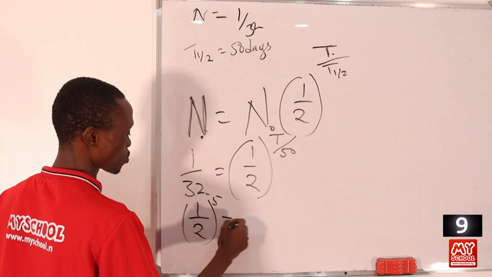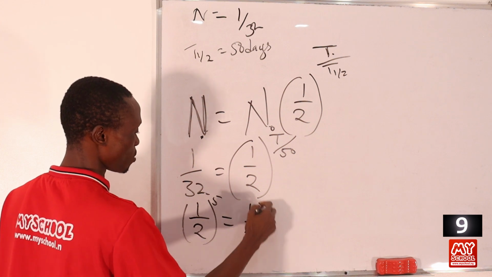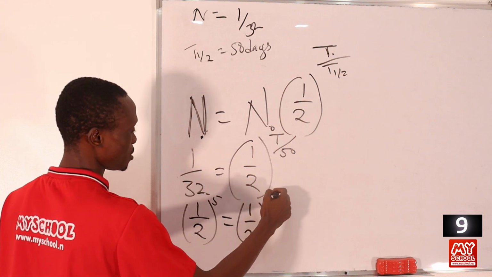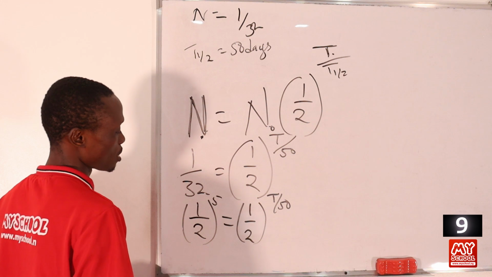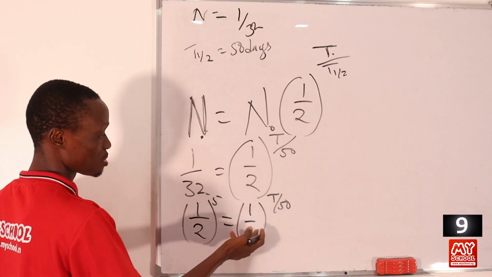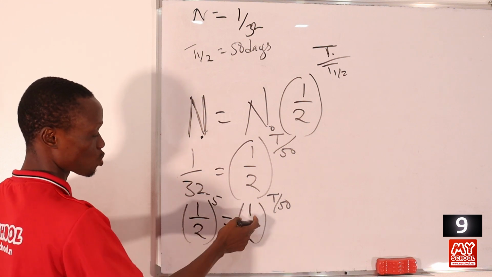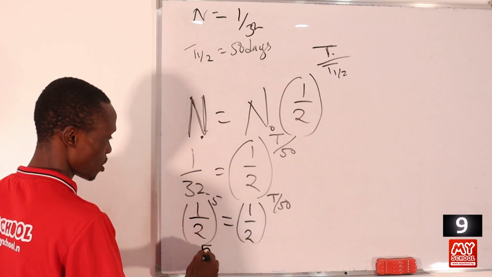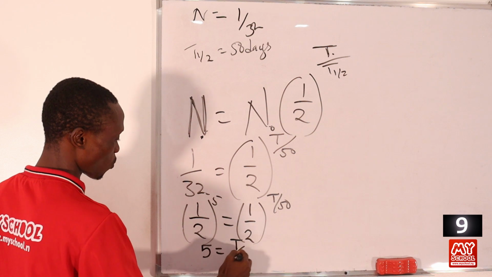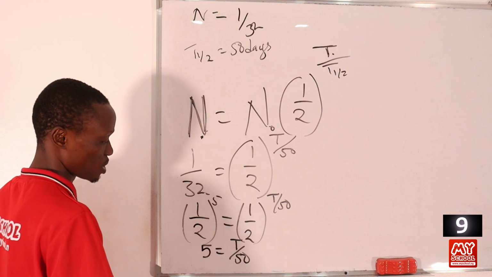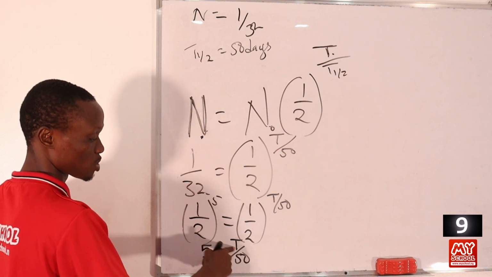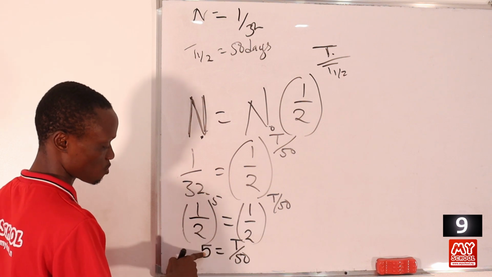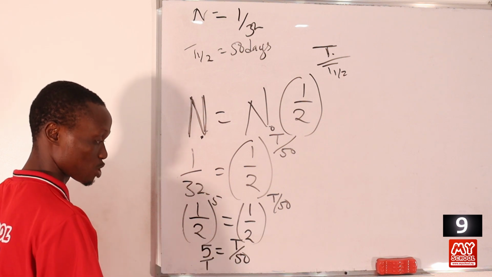Okay, so this will be equal to 1/2 in bracket raised to power T over 50, right? Now, according to the law of indices, since the bases are the same, we can equate the powers. So if we equate the powers, we'll have 5 equal to T all over 50. Now, since we are looking for the value of T, we just cross multiply. Remember that this 5 is also over 1, it doesn't change anything.